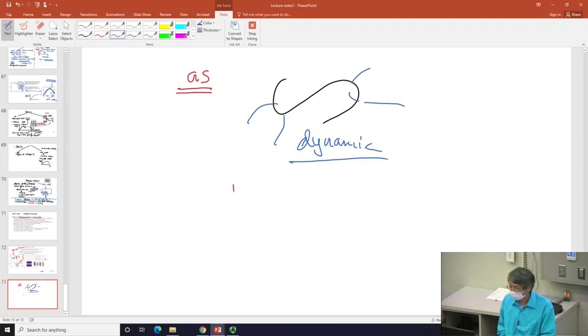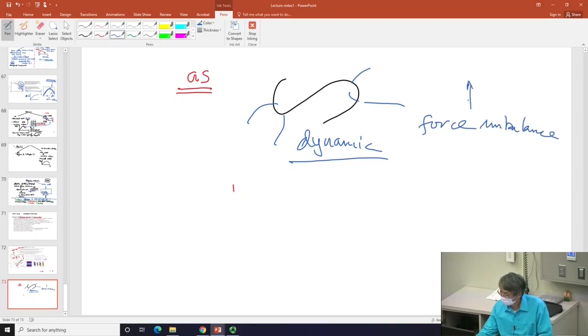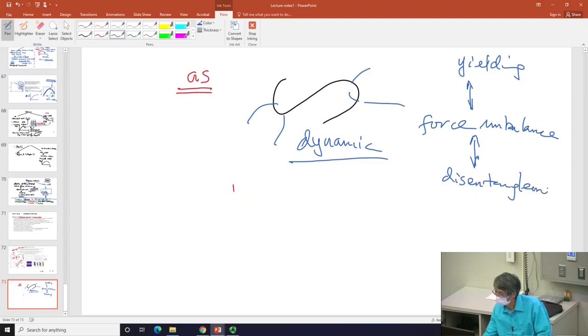And theoretically, some progress has been made. We have a conceptual idea of basically force imbalance, right? I can add 3 words to this in total.